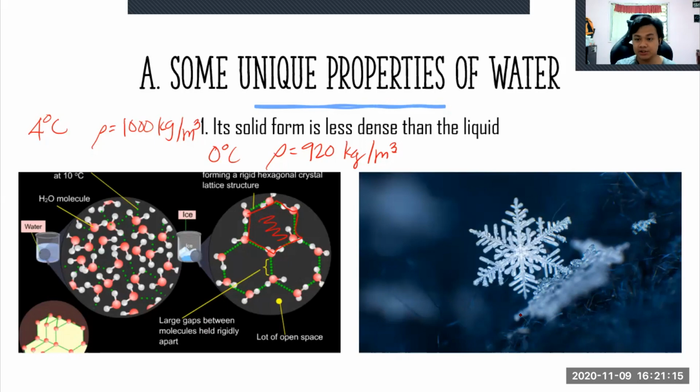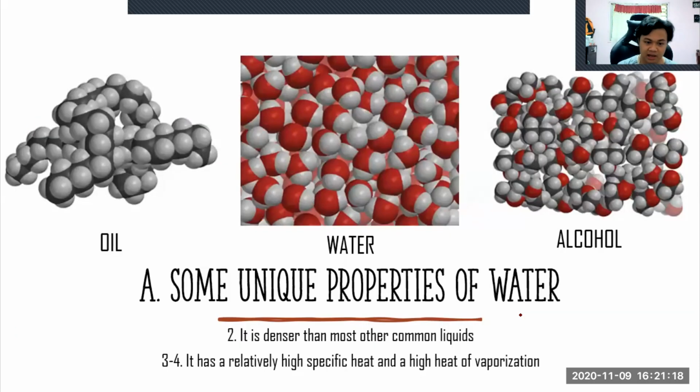Second, it is denser than most other common liquids. So water, as I've said, at 4 degrees Celsius has the density of 1,000 kilograms per cubic meter.